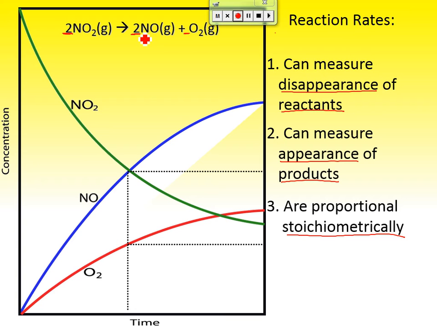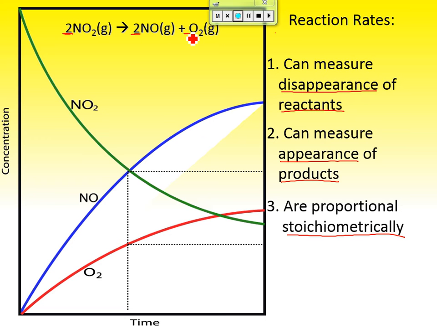But now let's contrast that to the formation of oxygen. As it forms over time, you can tell that the slope of this line is much lower. It's got a more shallow slope than the other product. How come oxygen has such a shallow slope, and nitrogen monoxide is more steep?